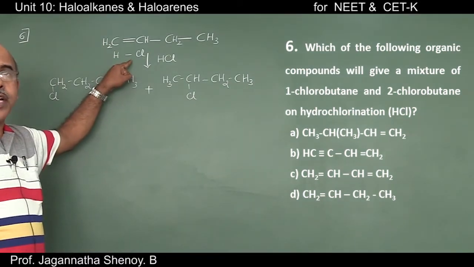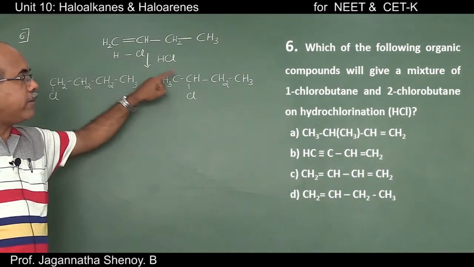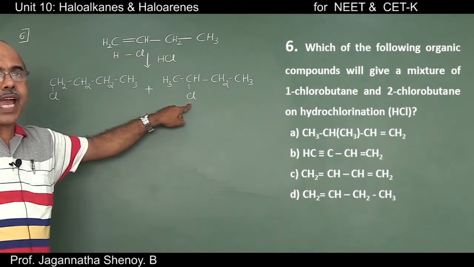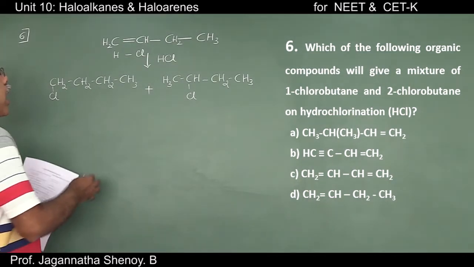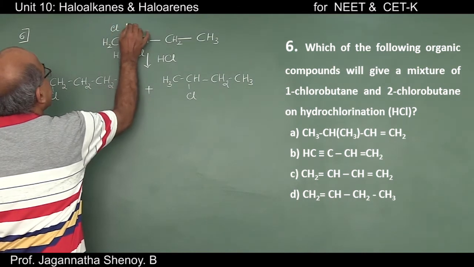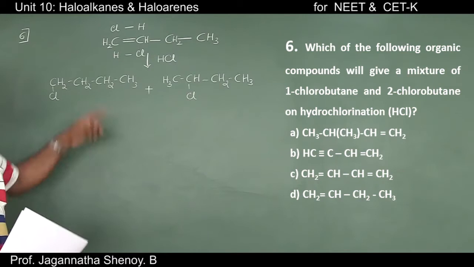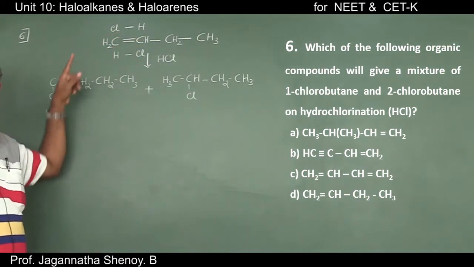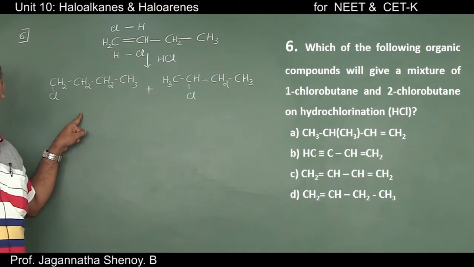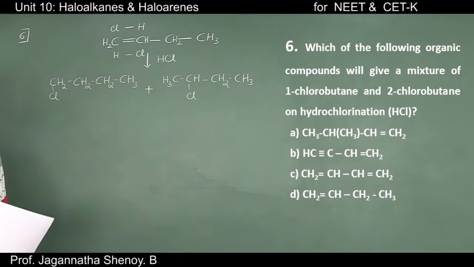This is according to Markovnikov's rule, and it has to give 2-chlorobutane as the major product. At the same time, if the addition is carried out like this, it is against Markovnikov's rule. You get some amount of product, 1-chlorobutane, but this is formed in lesser quantity.